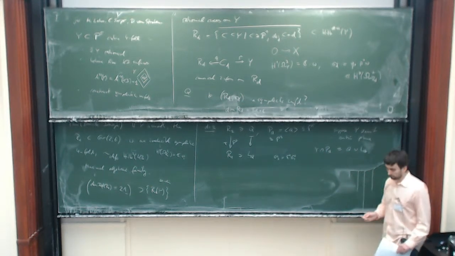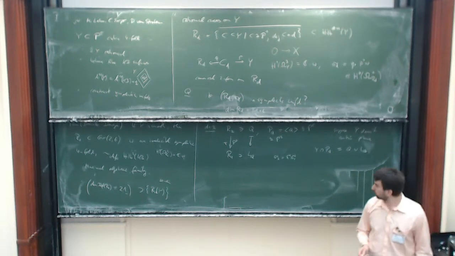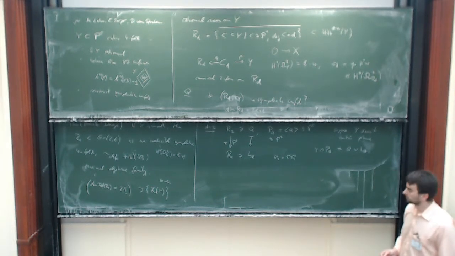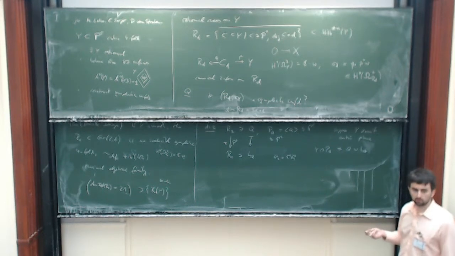So this doesn't give a symplectic manifold, but that's sort of the pessimist's way of looking at it, right?